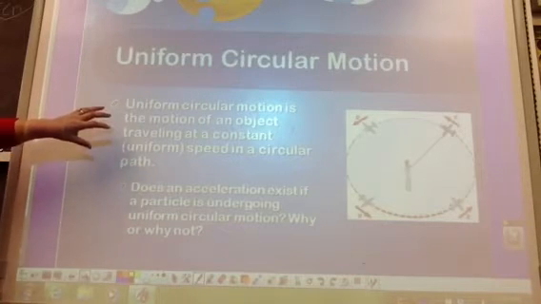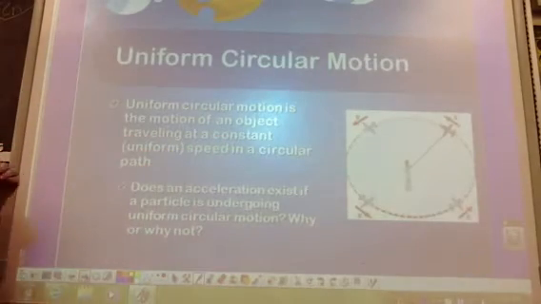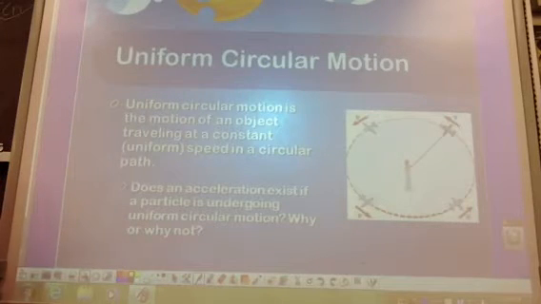Now, while uniform circular motion means it's traveling at a constant speed, I want to know, does an acceleration exist for an object or a particle that's undergoing uniform circular motion? Why or why not? You will have an acceleration, because when we're moving in a circular path, there is still a constant change in direction.